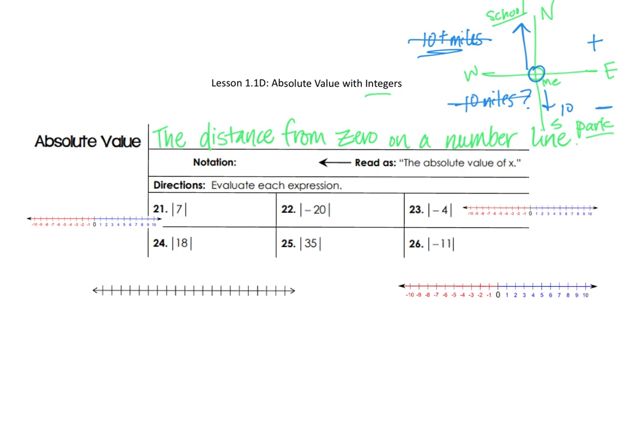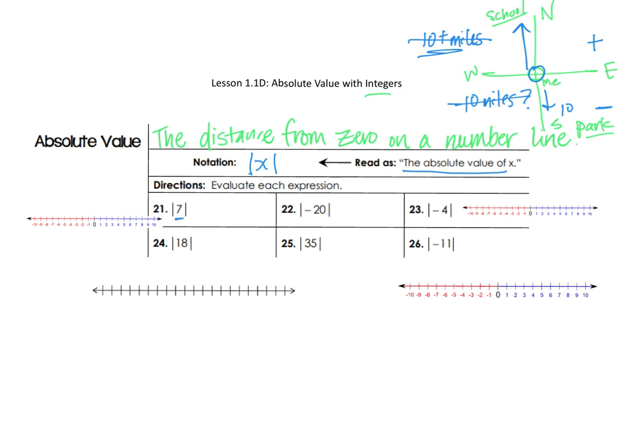Now our notation here, we would say that we have absolute value bars and x inside. This would be read the absolute value of x. So on numbers 21 through 26, we are supposed to simplify each expression, evaluate it. And what we're doing really is showing how far away these numbers are from 0.